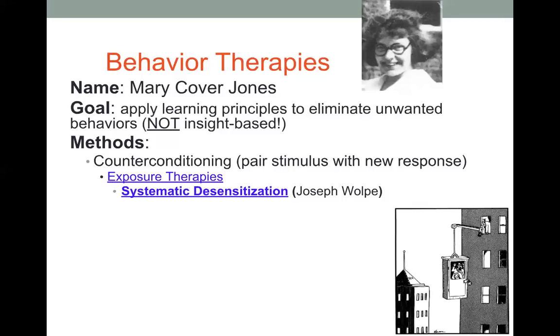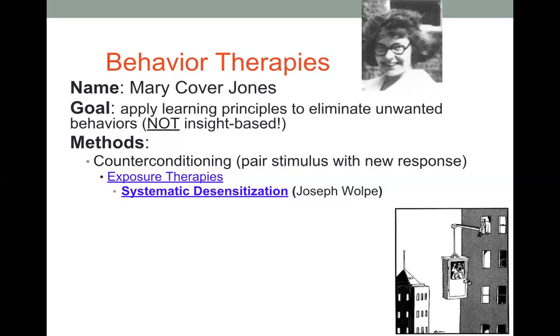Then you teach the client progressive relaxation techniques, like taking deep breaths and relaxing the muscles of their body, so that they can induce some physical relaxation while they're going through the exposure trials. And then you start at the lowest end of the list. If their phobia was of dogs, maybe the thing that's somewhat alarming to them, but least anxiety provoking, would be just looking at pictures of dogs in a book.